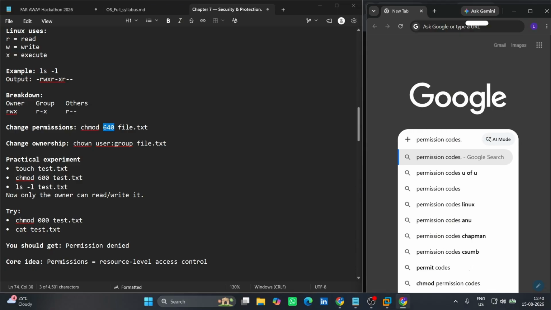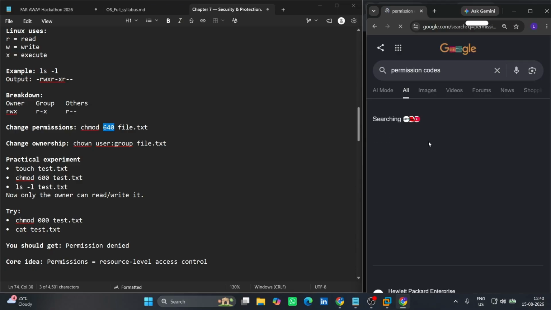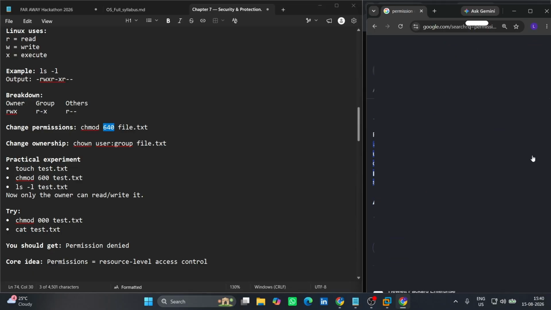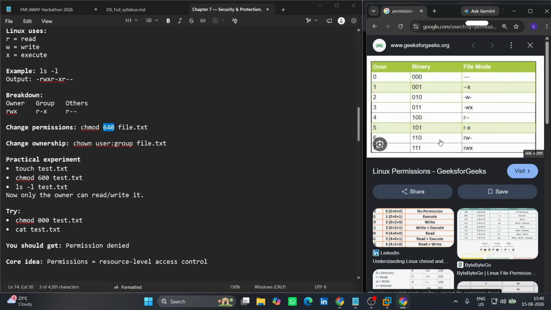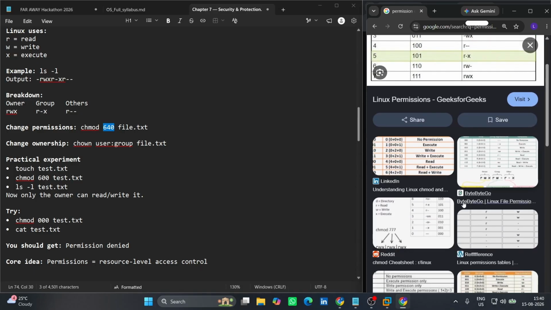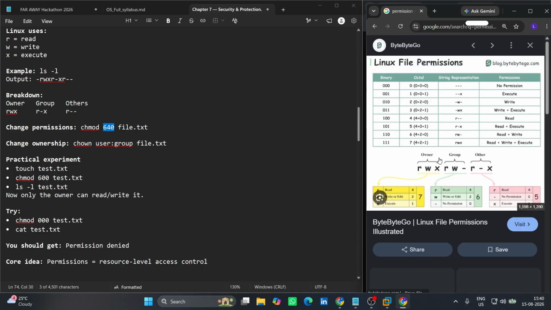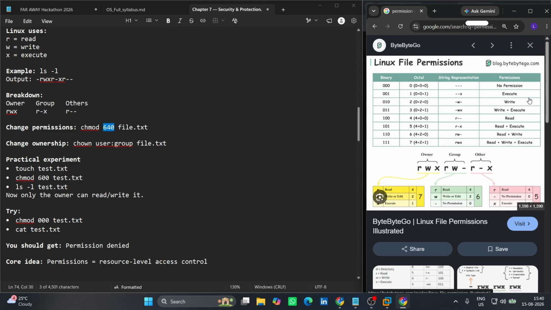Permission. Okay. I'm not able to see the one which I want to use. Okay, here it is.